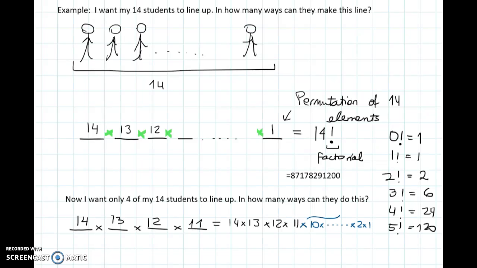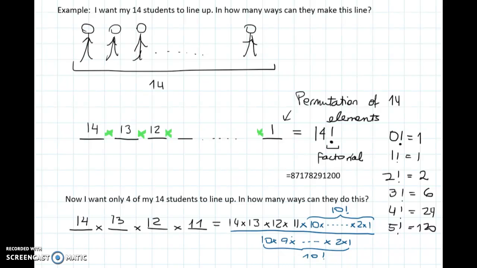So here I'm multiplying everything by 10 factorial, and then at the same time I divide all of these by 10 times 9 times blah blah blah all the way times 2 times 1. So 10 factorial again.